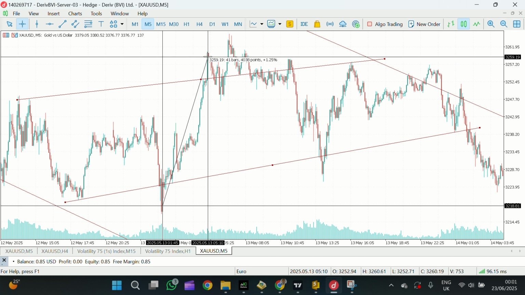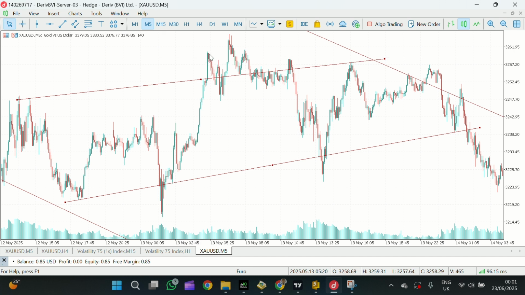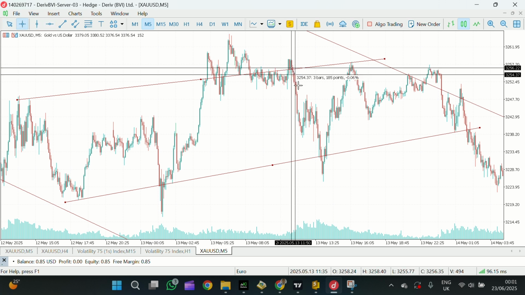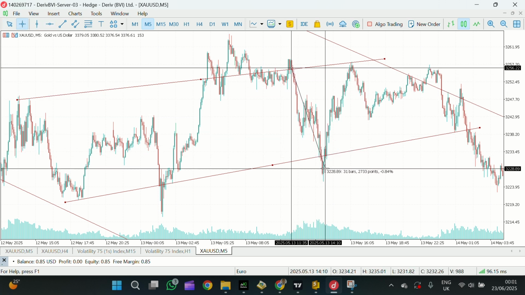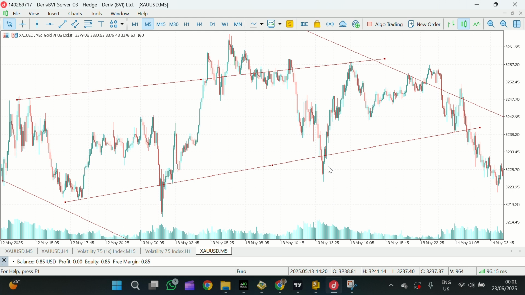When you do this, you are seeing 403 plus 403. All right, so you do this again, and then you are seeing 273 plus 273 plus 273. So now you are seeing 956.